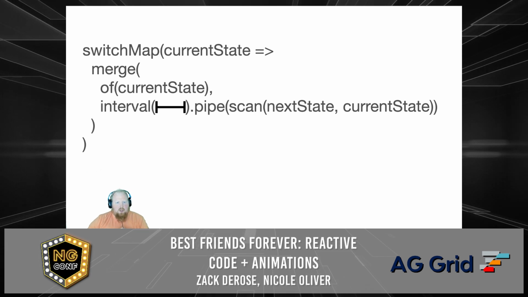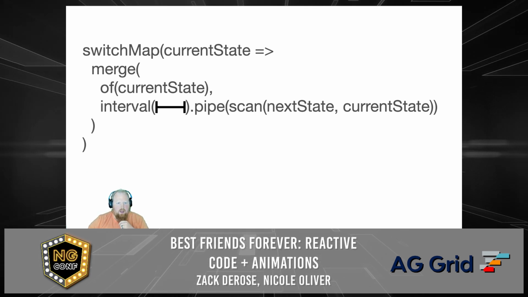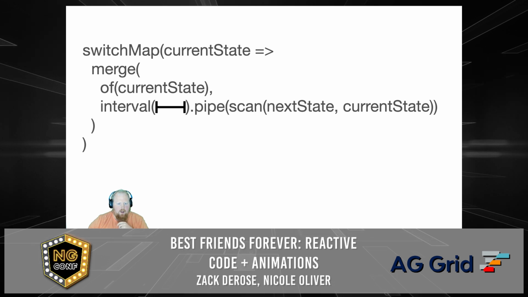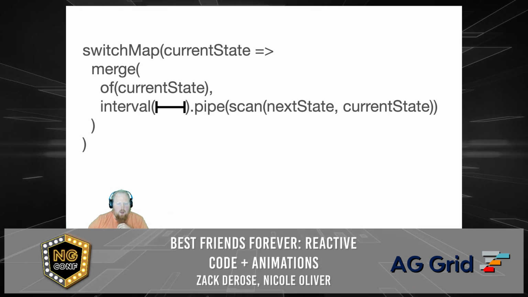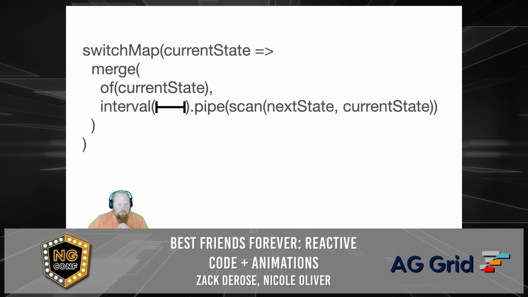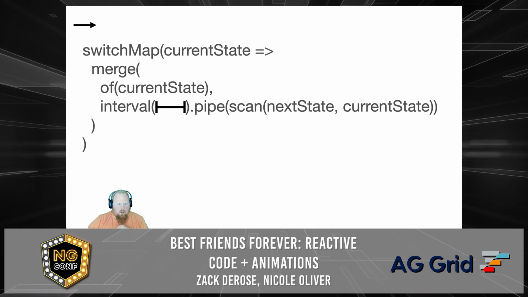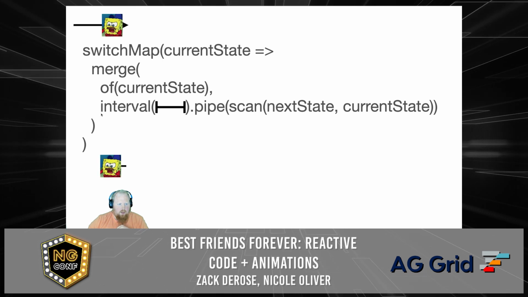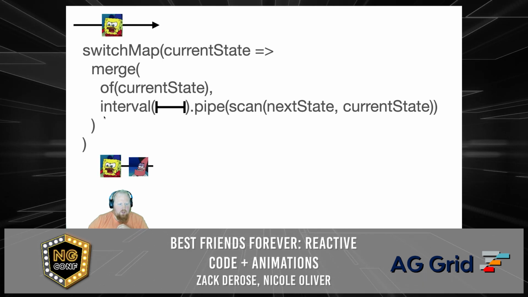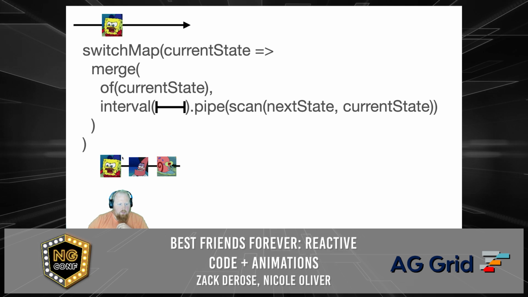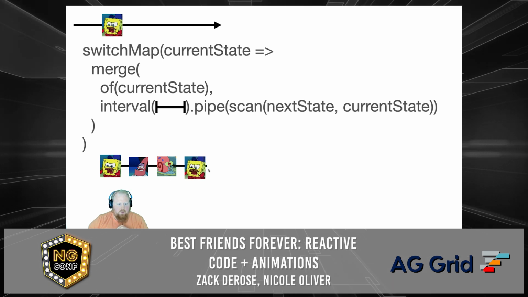However, if we want to take into account other clicks to the carousel, like an interruption to our auto-advancing, we'll want to use the switch map operator. We'll start with the logic we were just looking at, which is what's inside of the switch map here. So we'll be starting with SpongeBob, advancing from state to state.